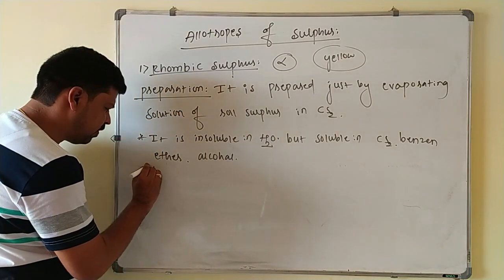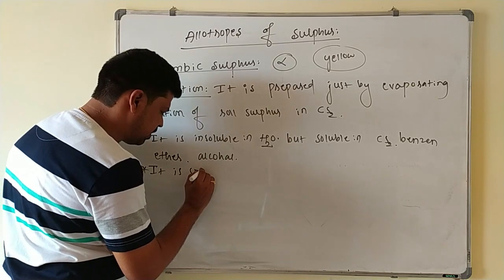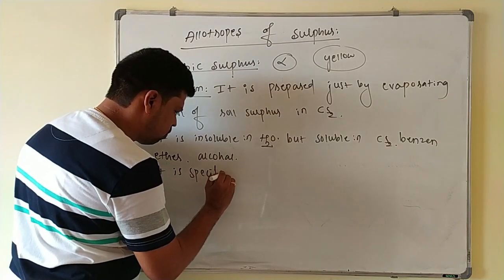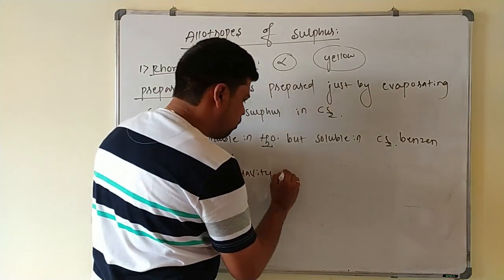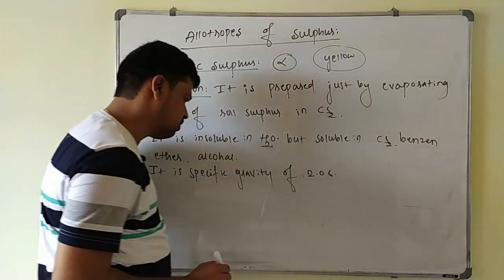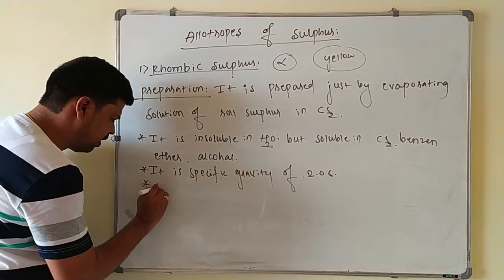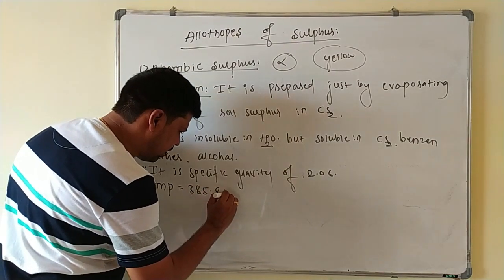Next, it has a specific gravity of 2.06 and its melting point is 385.8 Kelvin.